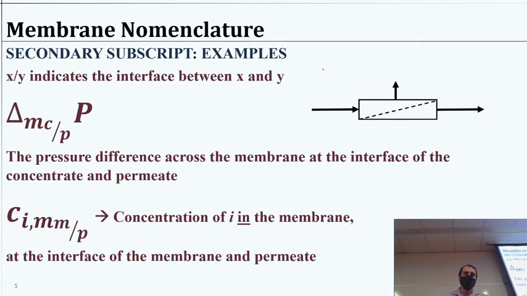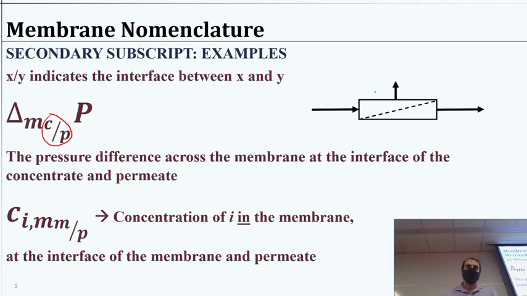If we do have a subscript there, like this delta P with C/P, all that is for the pressure drop here. This means we're talking about the pressure drop, some difference, that differential, described as a drop. What we're looking at is the interface of the concentrate and the permeate.